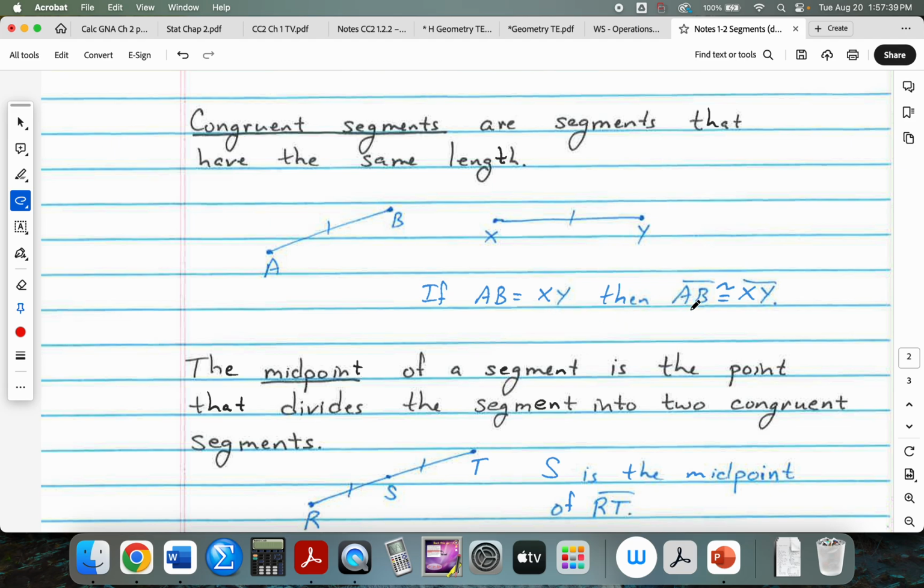Then segment AB, and this is the symbol for is congruent to, is the way that you read that. Is congruent to.